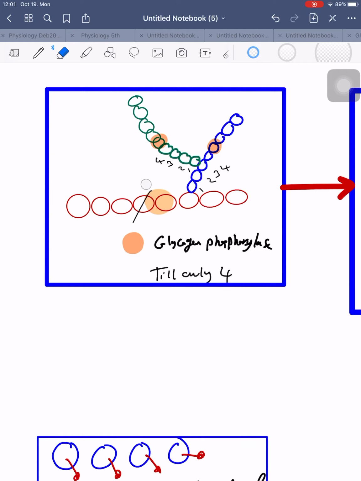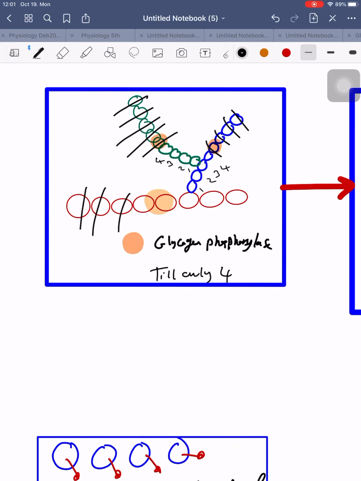So here, guys, is one glycogen molecule, and we have the enzyme responsible for removing from the non-reducing end, called glycogen phosphorylase. It can remove this one, and this one, till we have 1, 2, 3, 4. Remove here, 1, 2, 3, 4. Remove here, and so on. So the question now: we are able to release glucose, which is glucose 1-phosphate.